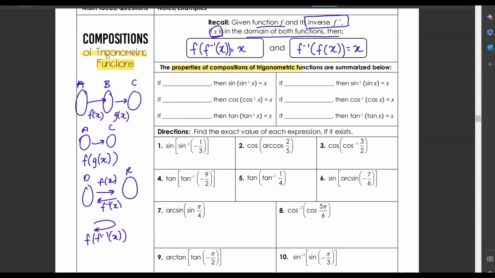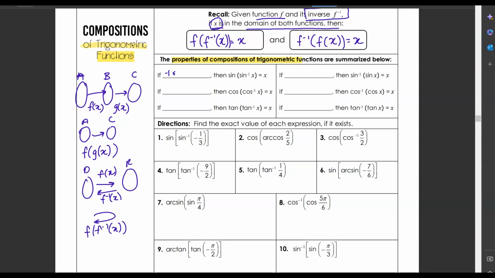If our x is between -1 and 1, then sine composed with sine inverse of x is equal to x. And this is true also for cosine. If x is between -1 and 1, then I can take cosine of cosine inverse of x, and the input becomes the output.